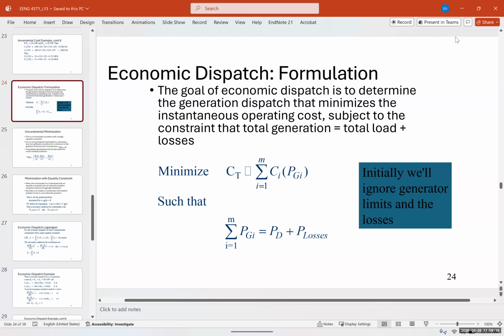Now, mathematically, we will minimize the sum of Ci(Pi) for all generators i, subject to the constraint that the sum of Pi equals PD plus P loss, where PD is the total demand, and P loss is obviously our loss.